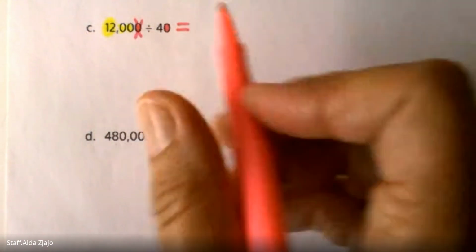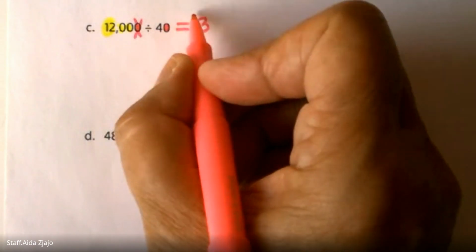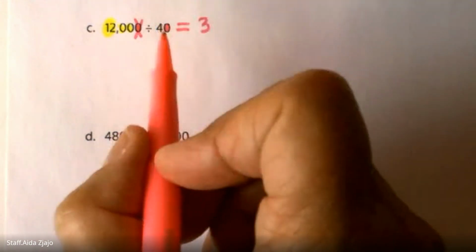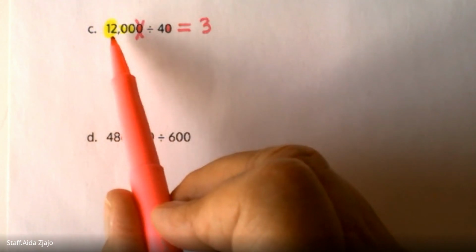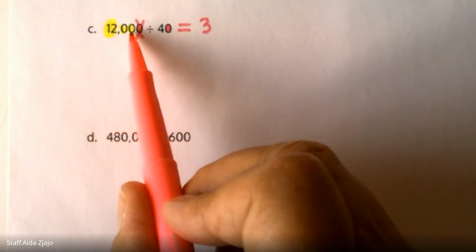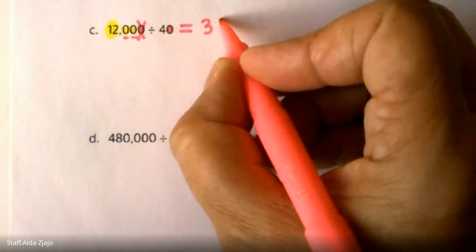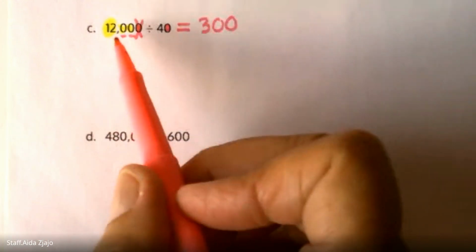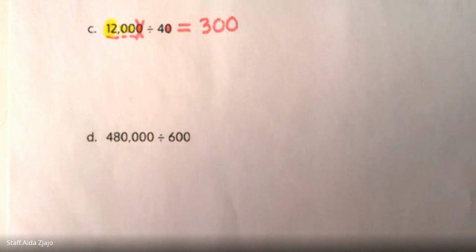So if you go logically, 12 divided by 4 is 3, because 3 times 4 is 12. But 3 times 4, it's not 1,200. It is only 12. So you need to add these two zeros. So 4 times 3 is 12, and then you add 1, 2, 3 zeros. Okay, I probably confused you a lot this time.